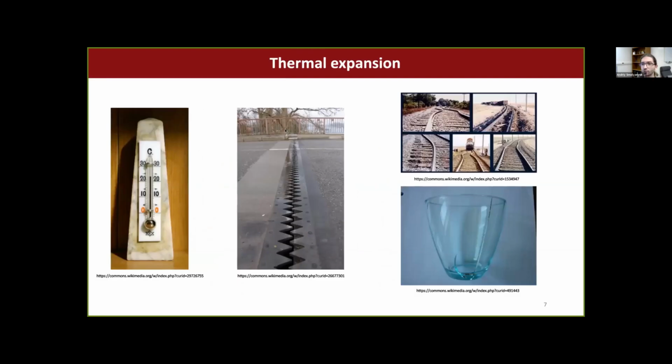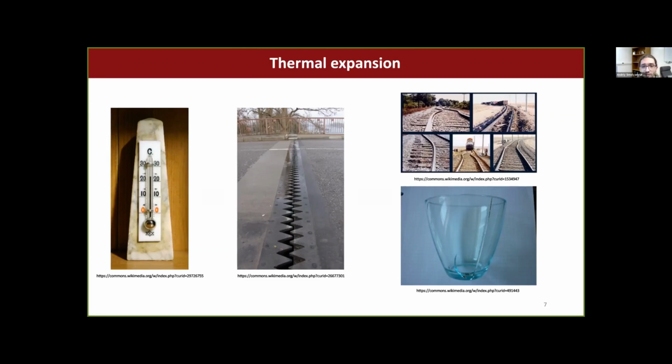Now I just want to show you a few examples of thermal expansion in real life, because thermal expansion will be key to the approximation we will be using today. Since we know that substances expand with temperature, we can use this effect to measure temperature, and that was the idea of a regular thermometer. Also, if you're a civil engineer and you need to build some construction, you need to take it into account.